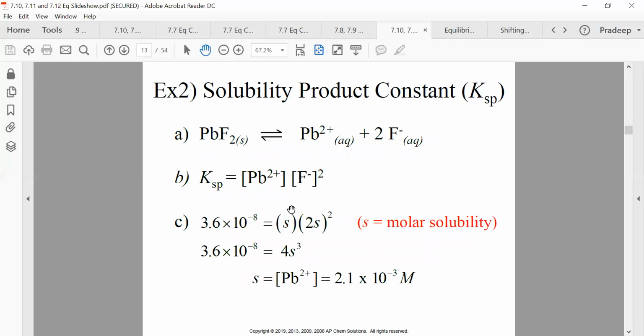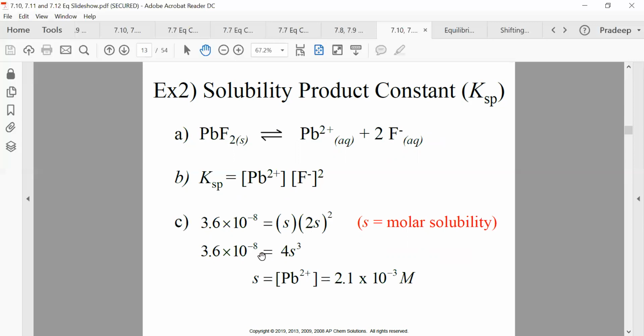I will show it to you because you probably know. All you need to do is the way we do X and 2X, similarly. S is the molar solubility. Because it's Pb, you can just put S there for molar solubility. And F is 2S, because it is 2 moles. And because it's squared here, that goes up here.